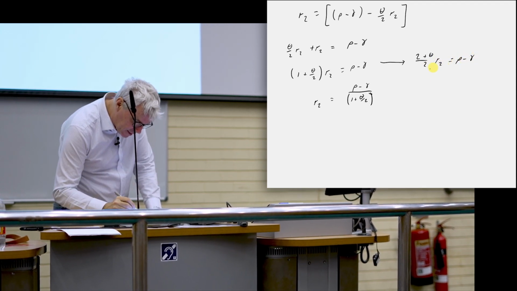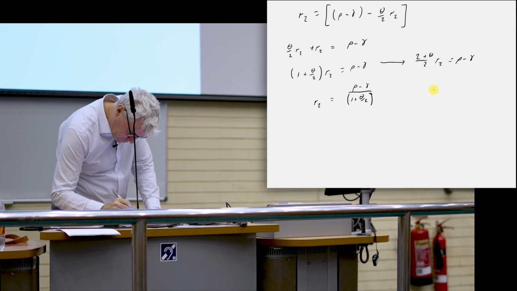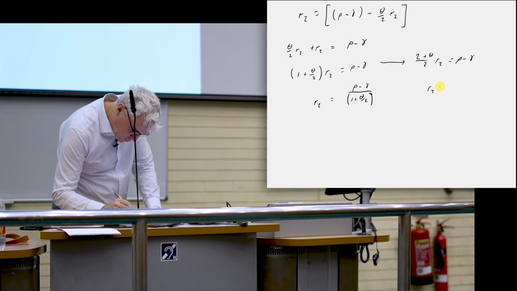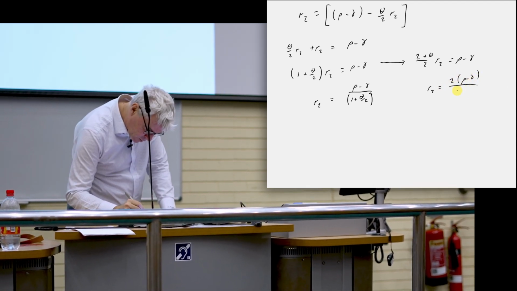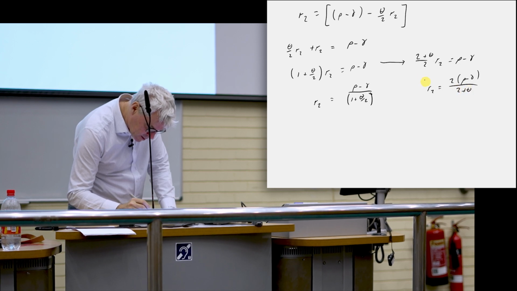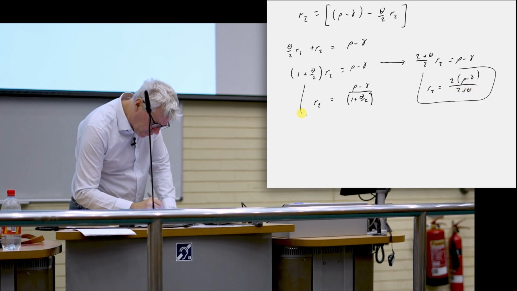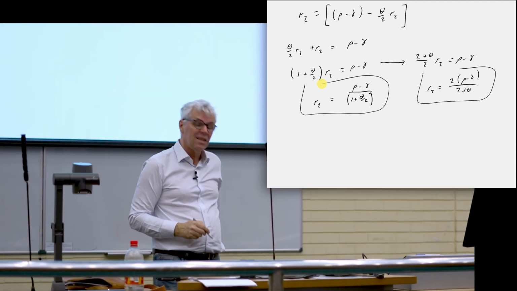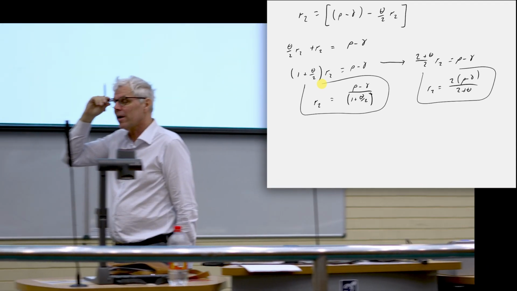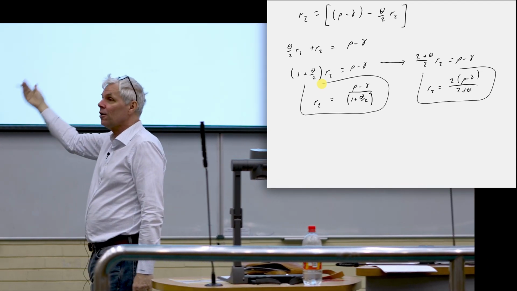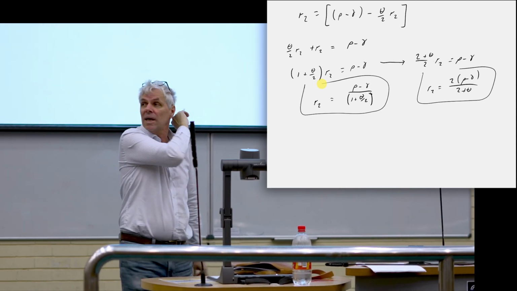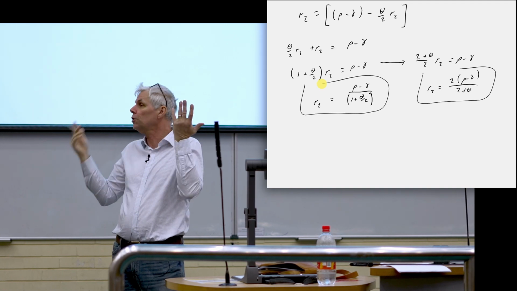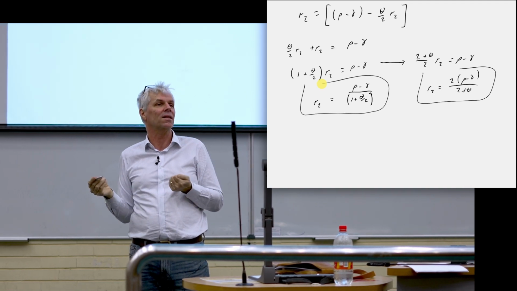And then when I did my division, I would get R2 is equal to 2 rho minus gamma over 2 plus theta. These things are, of course, exactly the same thing. Normally, I would try to get rid of all the fractions in the denominator because life is hard enough. But in this case, I kind of like them, so I'm going to keep them around. But, you do you. Either way, it's exactly the same thing.